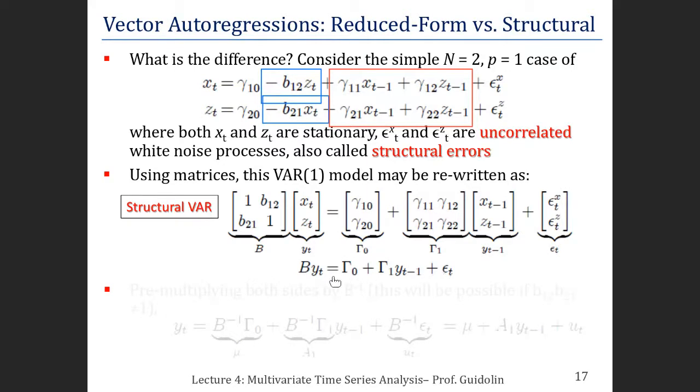So here, if I leave the structural VAR the way I see it, there is a problem. I would like to see it as a regression, maybe apply OLS because it is a regression, but I can't. And the problem is that the presence of this B matrix is problematic.